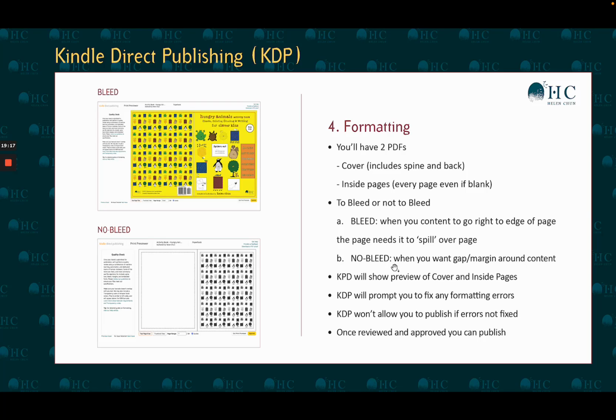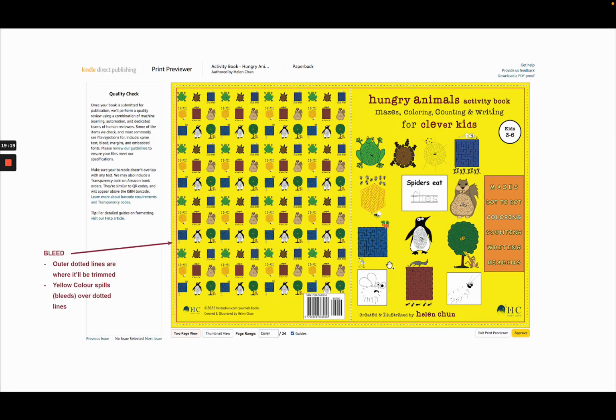And no bleed. As you can see here, within this dotted line is where it's going to be cut, it's going to be trimmed. So the outer dotted line is where it'll be trimmed. In other words, this is where they're going to cut it. Having the page past that area is what bleed is.